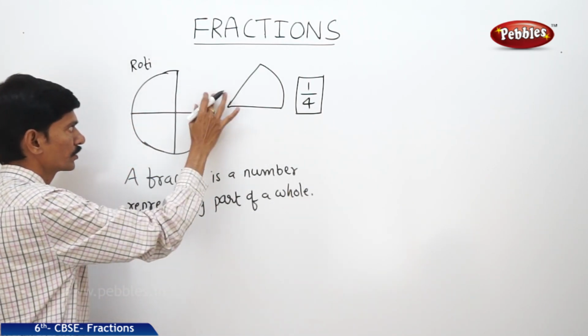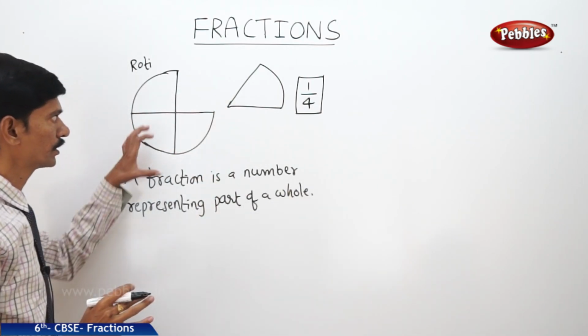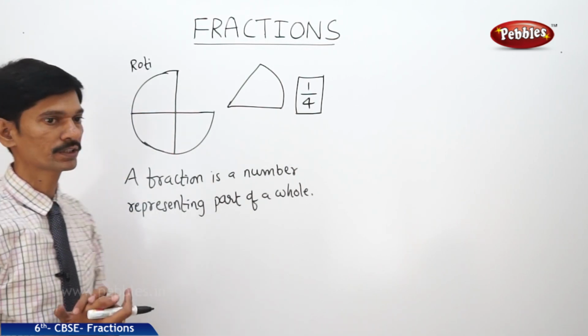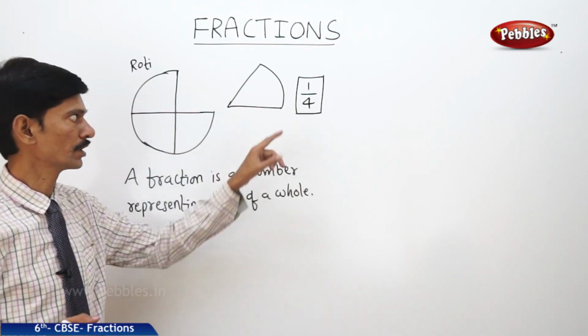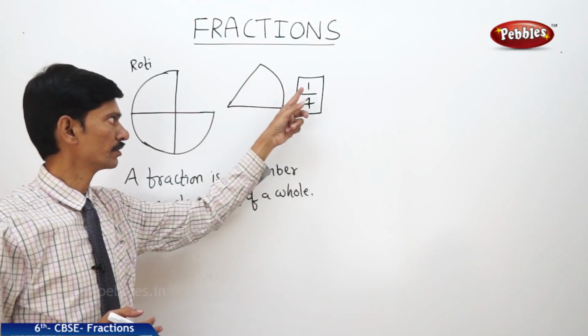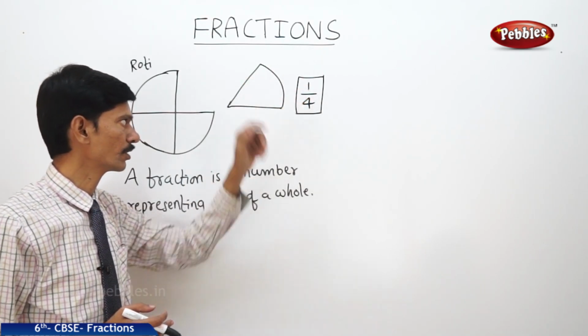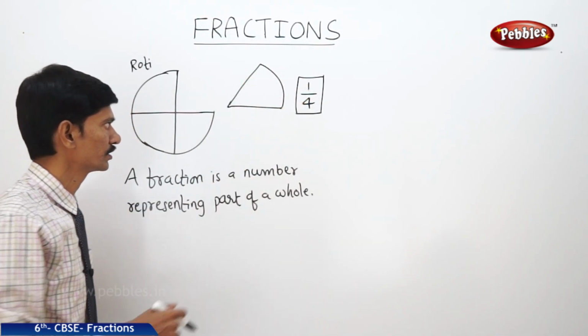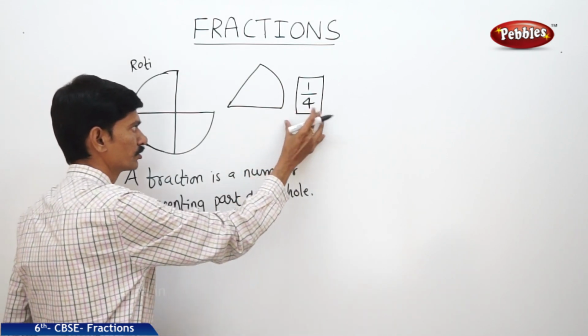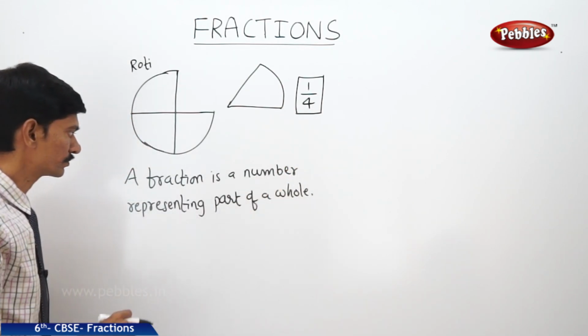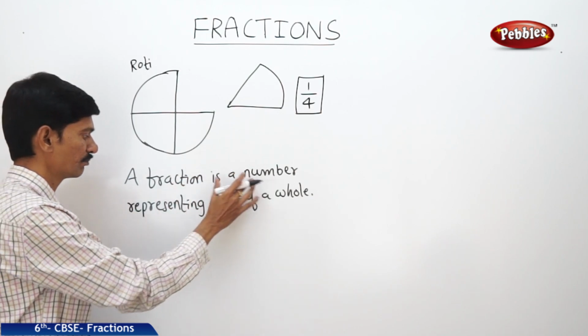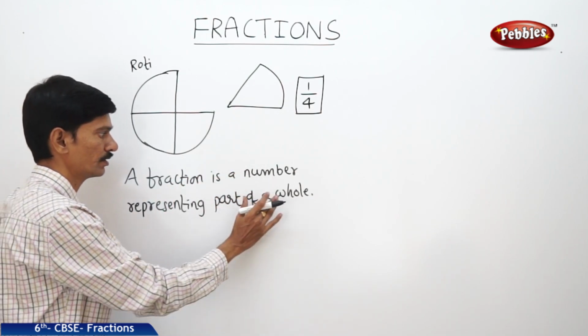So this is the whole roti. In this whole roti, we have divided it into four equal parts. Out of four equal parts, we have considered only one part. Now this is one part of the four equal parts, so written as 1/4. Now this is said to be a fraction.